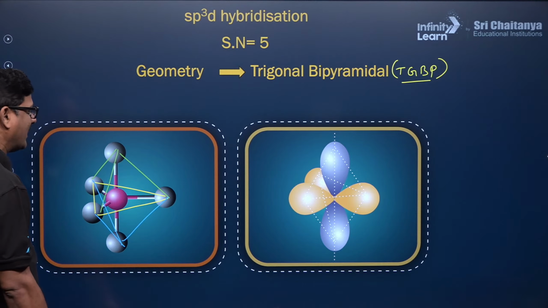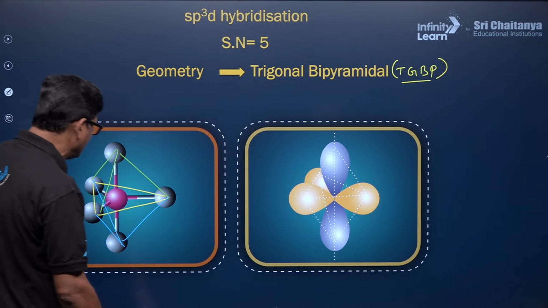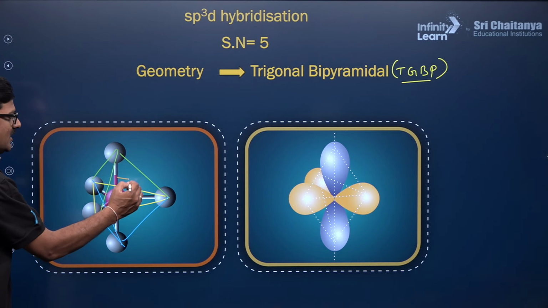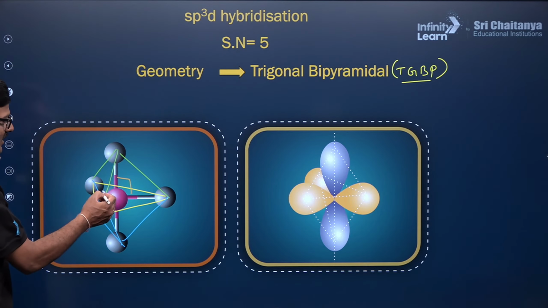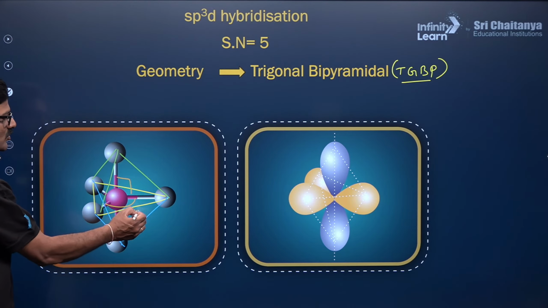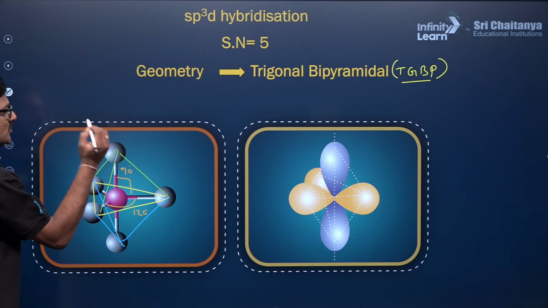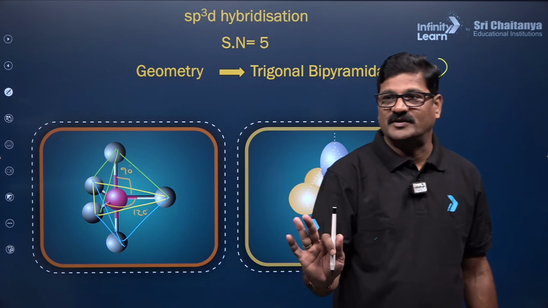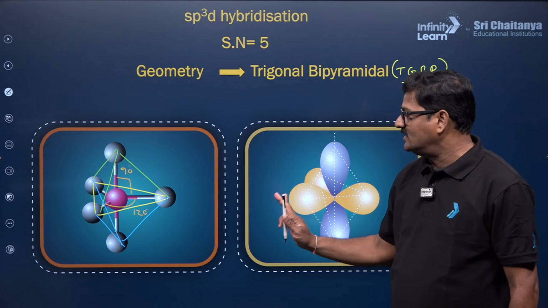And you know what is the angle? What is the angle over here? I can say the angle between these two is going to be 90. The angle between these two is going to be 120. There are 2 types of angles, 90 and 120. If it is a regular geometry, you have to know the angles as well.